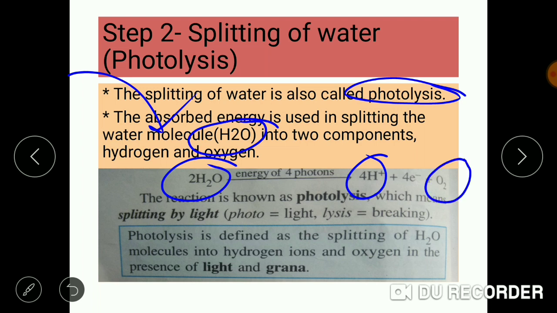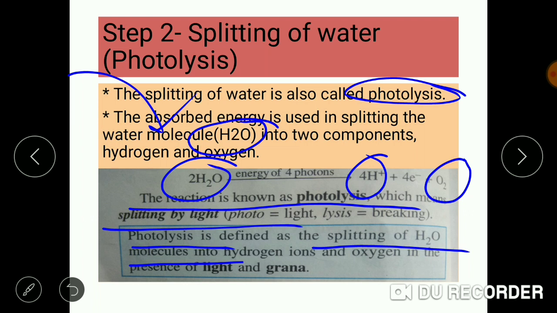So this reaction is known as photolysis, which means splitting by light. Photolysis can also be defined as the splitting of H2O molecules into hydrogen ions and oxygen in the presence of light and grana.